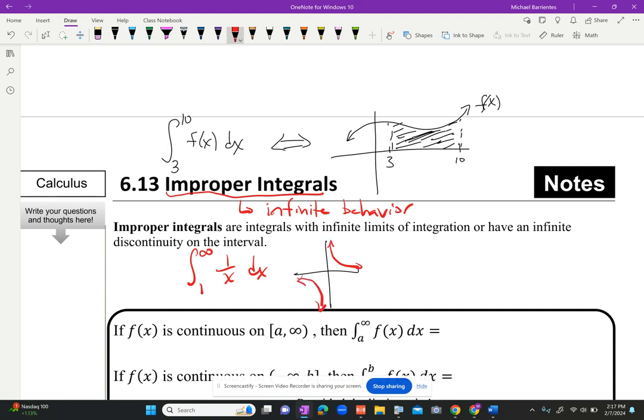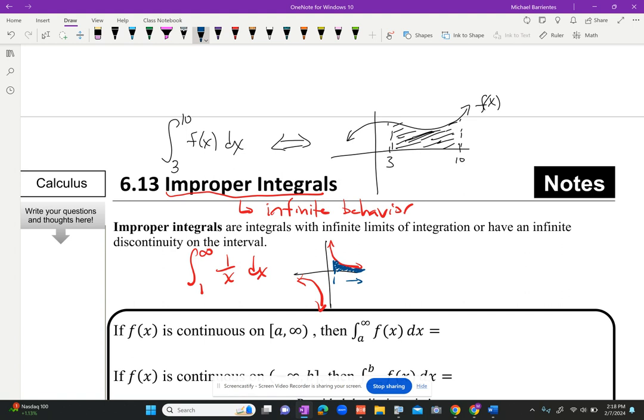We're starting at 1 and shading all the way forever to the right. So I have an infinite space here that I'm shading. But the question is, does all that shading add up to something? That's what we're going to find with improper integrals. Sometimes they do, sometimes they don't.